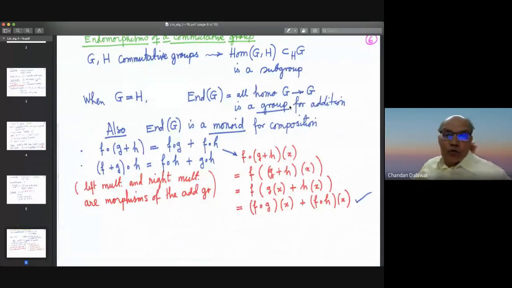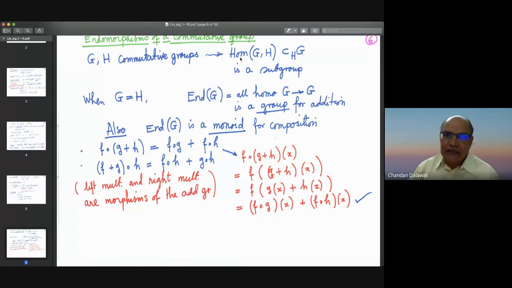Now, when I have two commutative groups, G and H, I have the set of all morphisms from G to H. I defined this notion of morphisms for monoids, and it's the same for groups. That set of morphisms, in particular, is a subset of the set of all mappings from G to H. A morphism from G to H is, after all, a mapping satisfying some additional property.